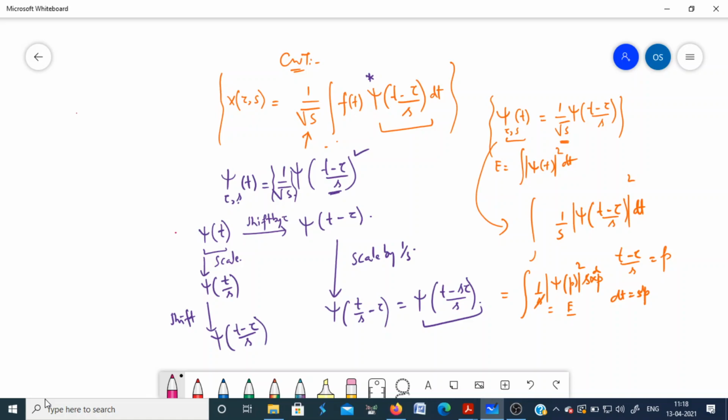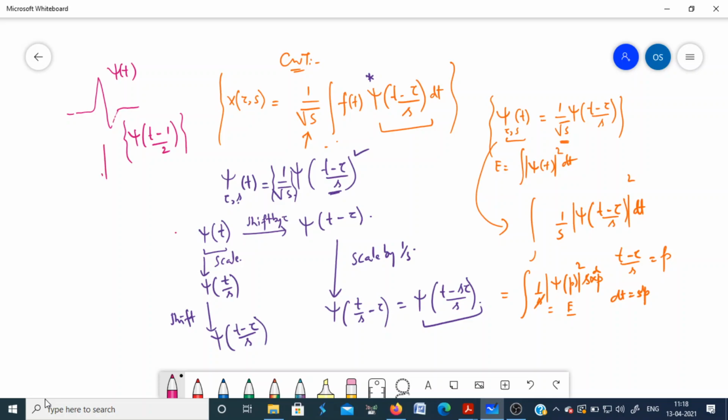Suppose you have a wavelet function like this. Let us suppose this is my psi of t, and I want to generate psi of t minus tau by s. Let us suppose I want to generate psi of t minus 1 by 2, where tau is 1 and scale s is 2.